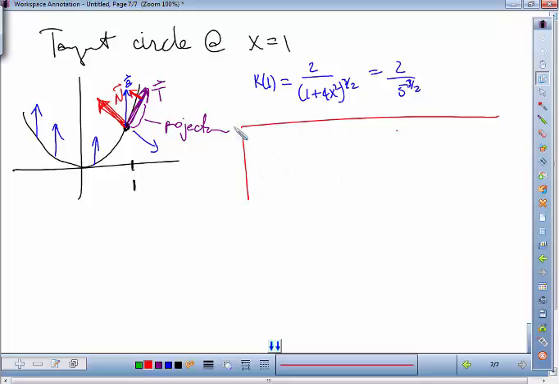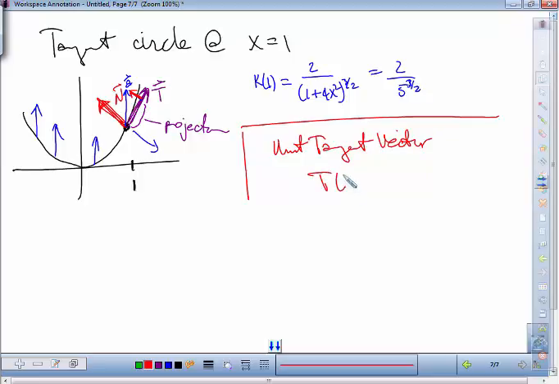So it turns out that if we take our unit tangent vector and then we take the magnitude of this thing, this is actually equal to 1, right? Because it's a unit tangent vector. So we want another vector that's perpendicular to this.